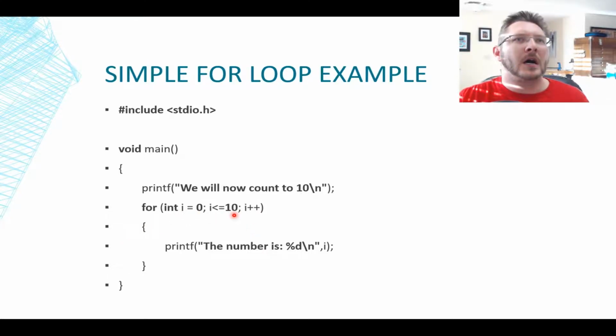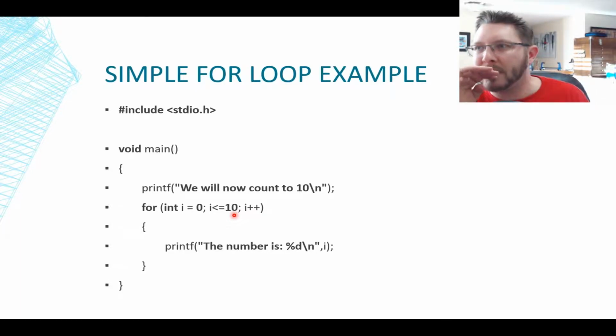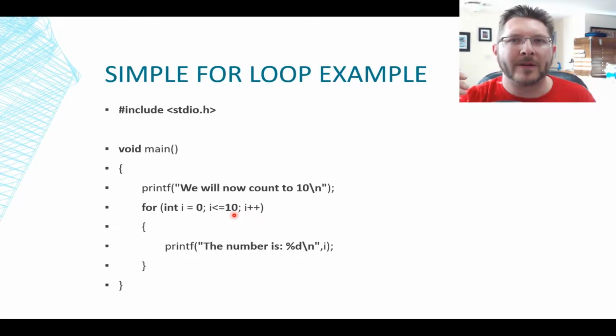For next loops are great if you need to do certain things in code a certain number of times. I've used them for waiting so many seconds, for example. Let's say you're doing Arduino and you don't want to put in a delay command of 200,000 milliseconds because you need to wait 200 seconds.